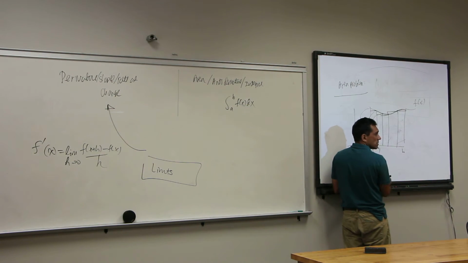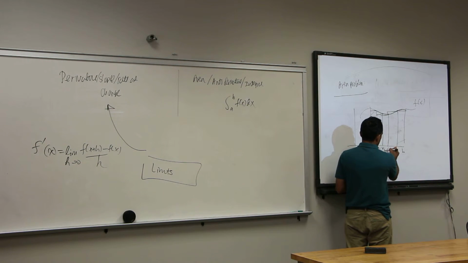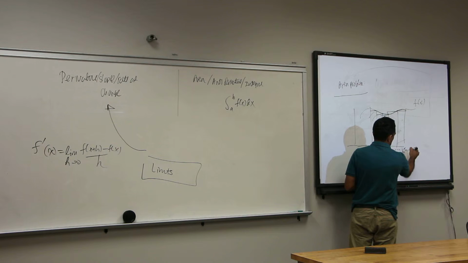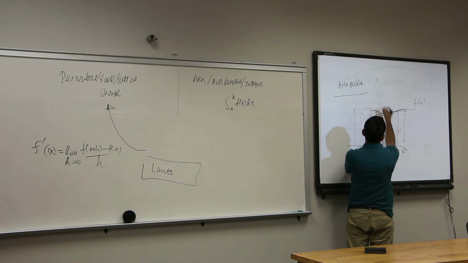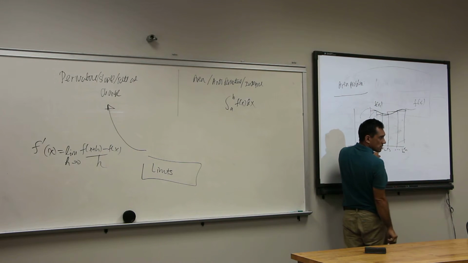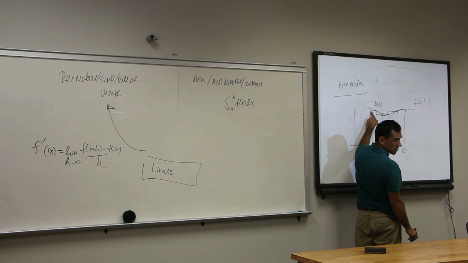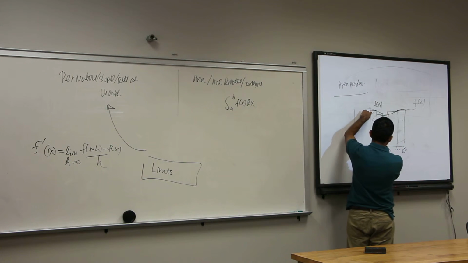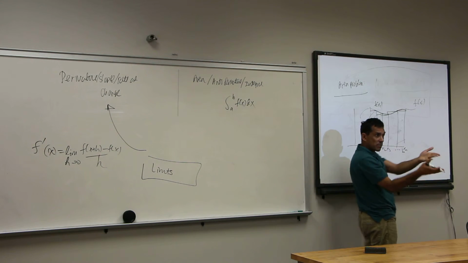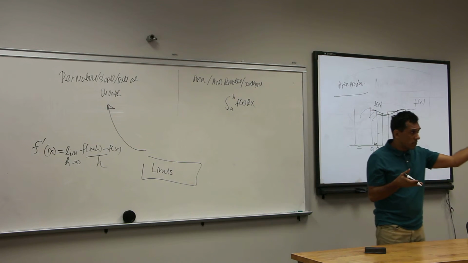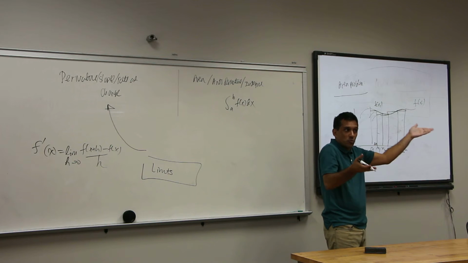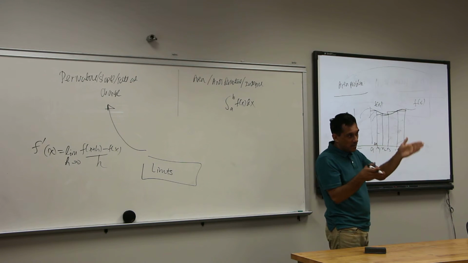Next one, x2, x3. So you say, what is the height here? F of x1. That will be the height of that rectangle. And what's the thickness of that rectangle? It's called delta x. It will give the same delta x. Why would we want to do delta x? I don't know.